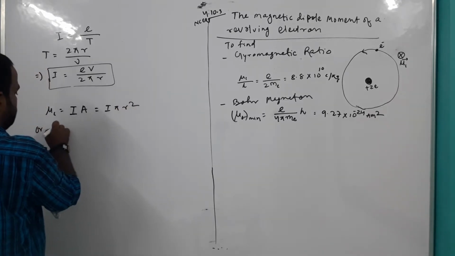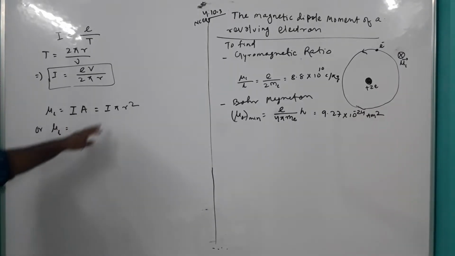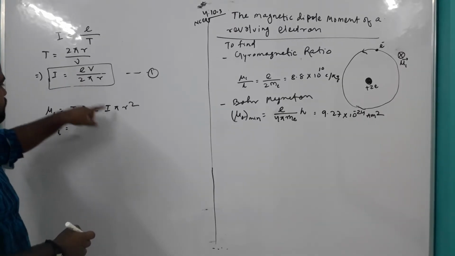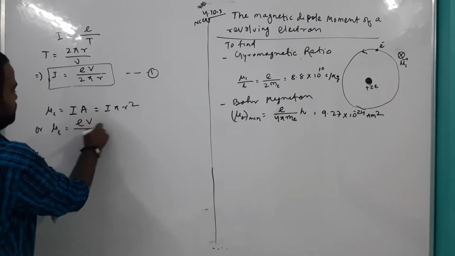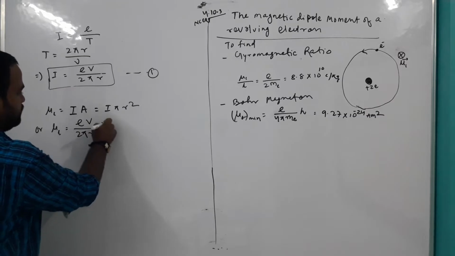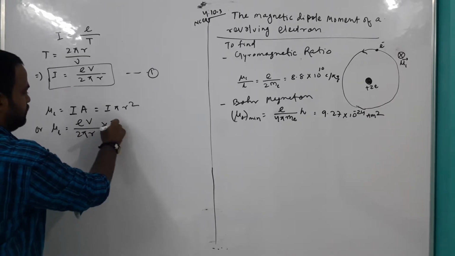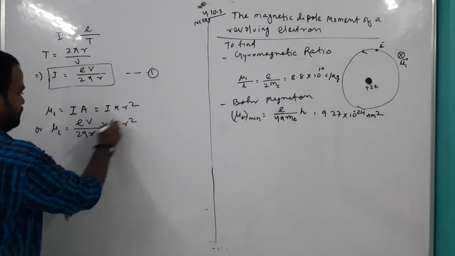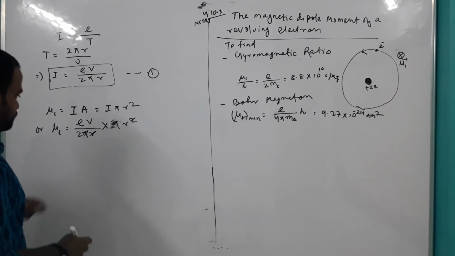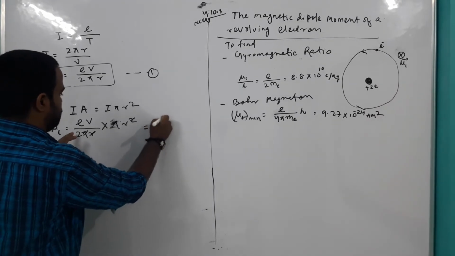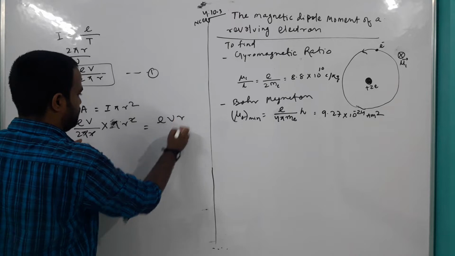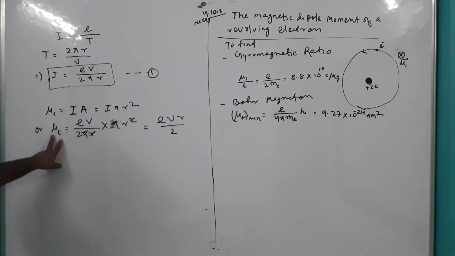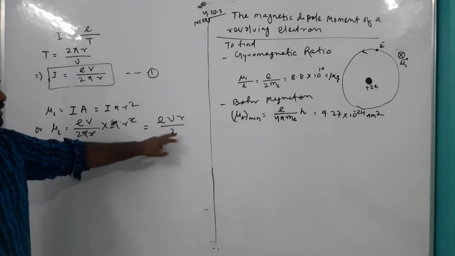Putting I from before, that is e v upon 2 pi r, into pi r square, pi cancels out, so this becomes e v r upon 2. Magnetic moment becomes e v r upon 2.